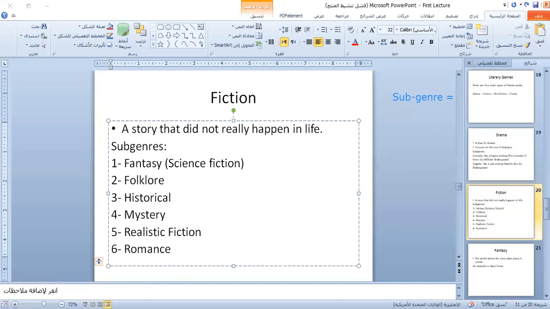Juha is considered a story of our folklore, maybe a tale or a legend. So Juha is folklore and fiction, right? The subgenre is folklore, the main genre is fiction.